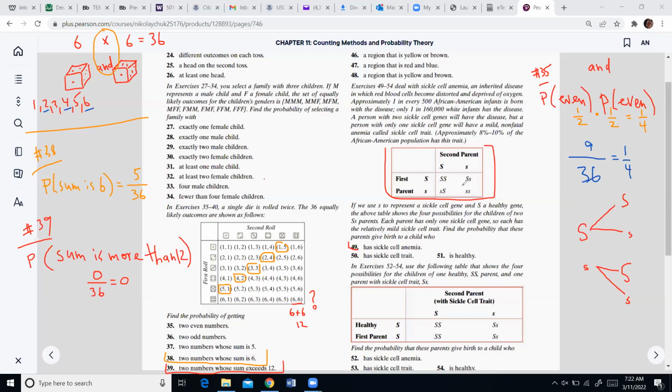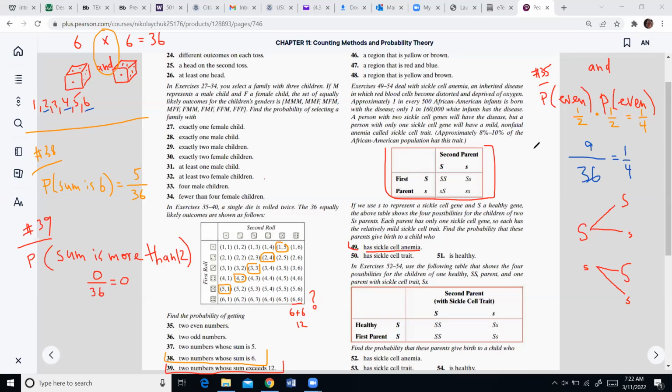Okay, so there are two parents, and each parent has either a capital S or a little s. So there could be both capital S, or both little s, or one big and one small. So what do they want? Well, they want to find the probability that someone has that disease.